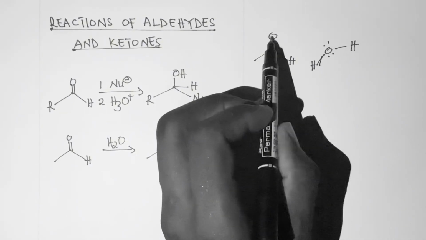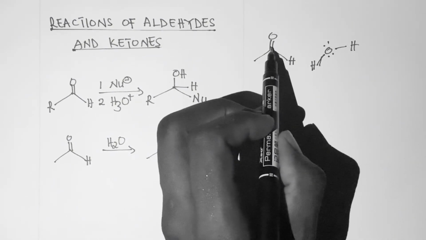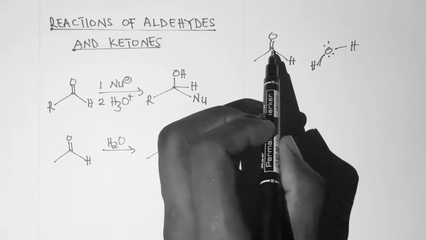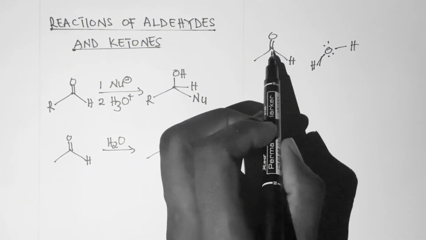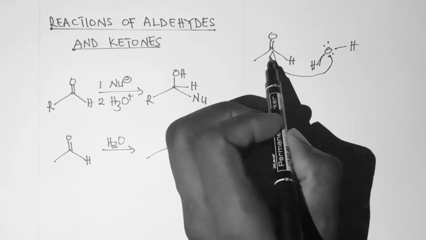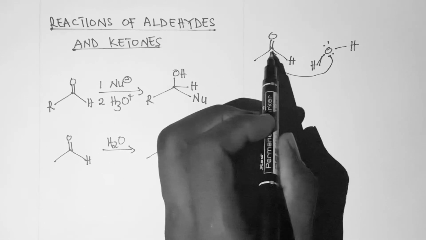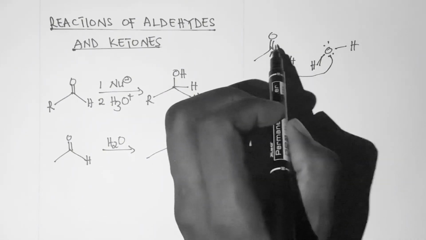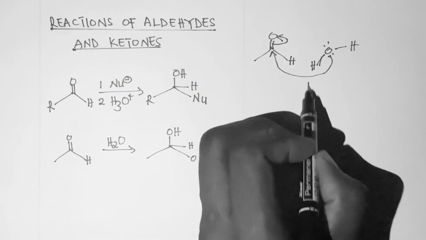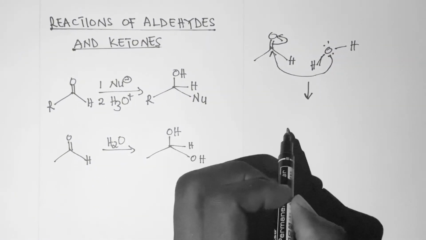Therefore, these electrons that are shared between the oxygen and the carbon are pulled more towards the oxygen than the carbon, making the carbon center electrophilic. So this nucleophile will donate one of its lone pairs of electrons to this carbonyl center, causing the pi bond here to break. When this happens, it will lead us to this intermediate.